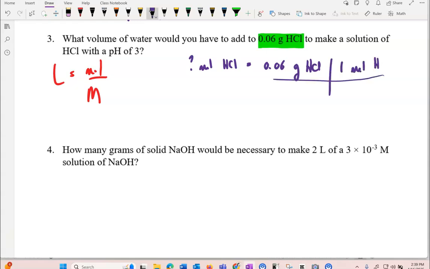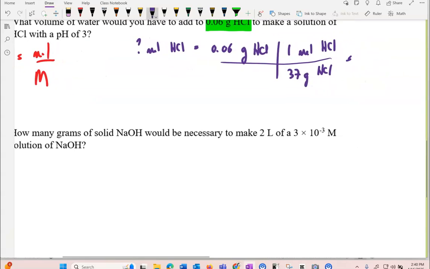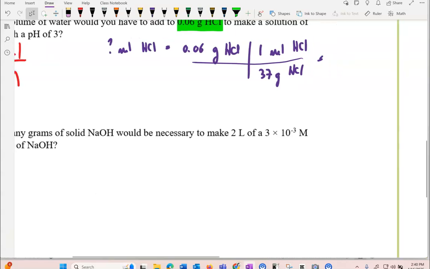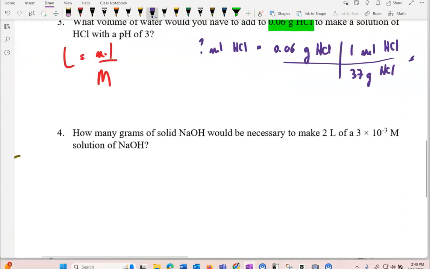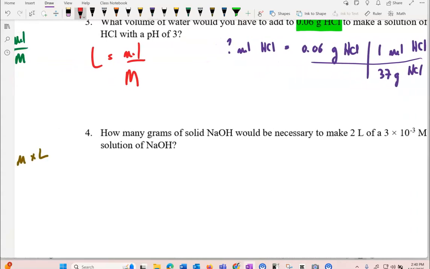We know from our periodic table that the molar mass of HCl is 37 grams. So I'm going to say 0.06 divided by 37. This is 0.0016 moles of HCl, and that's going to go right here on the top.